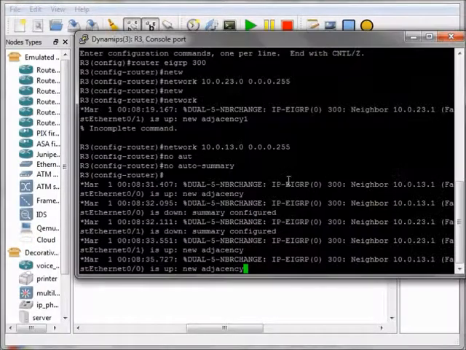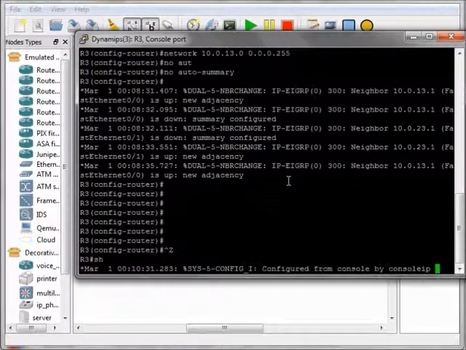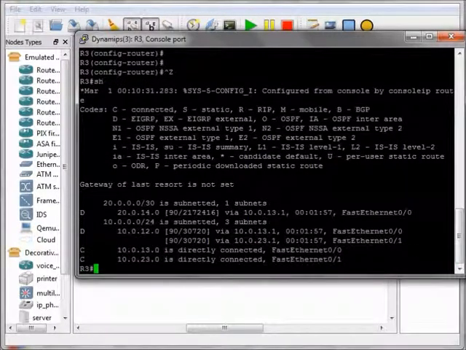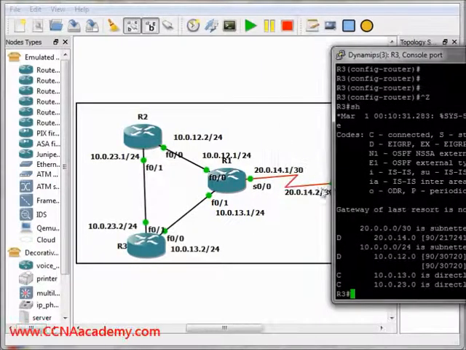Let's enter to router 3. Router 3, show IP route, enter. Well, in router 3, we can see that router 3 is directly connected to two networks: 10.0.13.0 and 10.0.23.0. And router 3 knows about two networks using EIGRP routing protocol: 20.0.14.0 and 10.0.12.0.